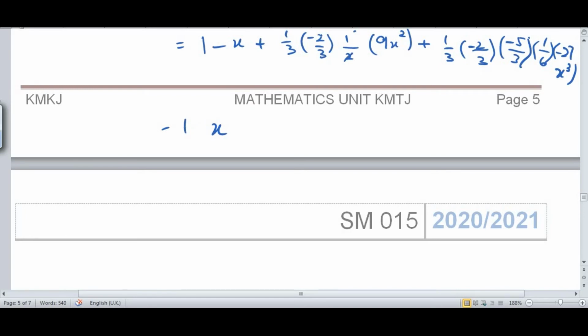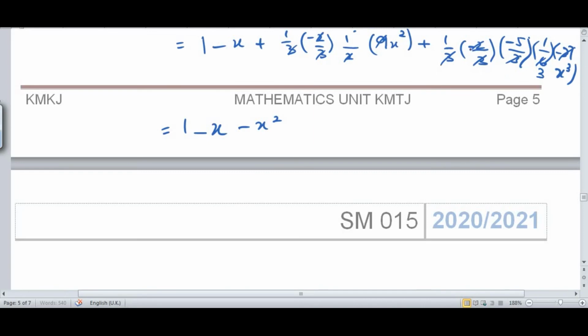The 2 and 2 can be cancelled off, 3 and 3 can be cancelled off by 9, and then you have negative x^2. For the next one, look here: you have 27, so the 3 and 27 can be cancelled off, and this 2 can be cancelled off by 3.